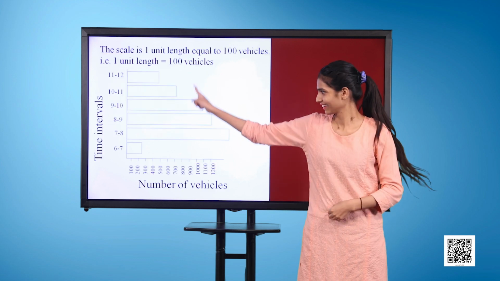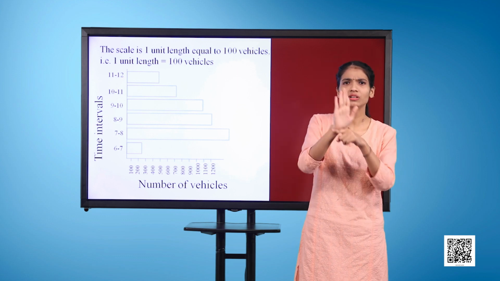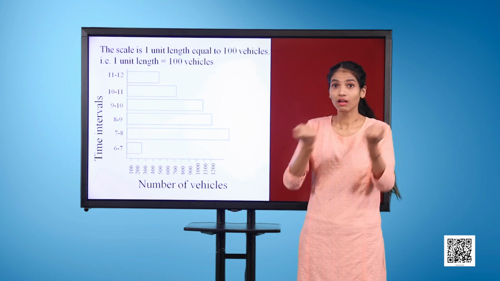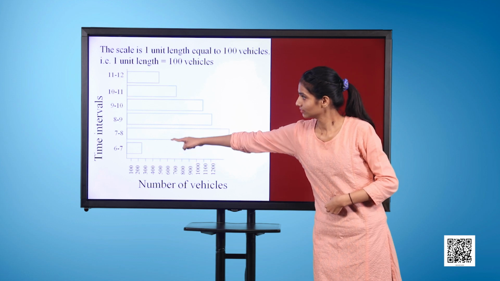We have the picture of a bar graph showing the number of vehicles with the time intervals. The scale is 1 unit length equal to 100 vehicles.